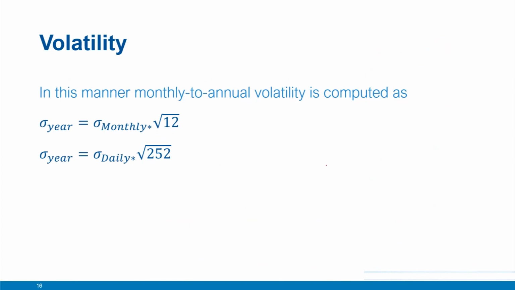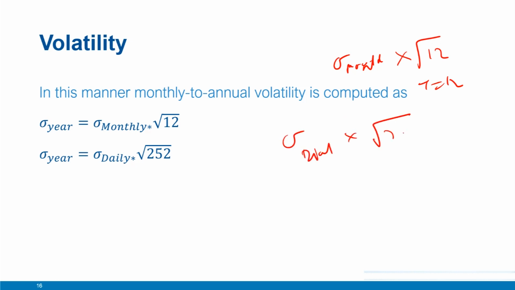To put it more succinctly, let's say you have monthly standard deviation, sigma monthly, given at some level. If you want the annual standard deviation, you simply multiply it by the square root of 12, where t is equal to 12 periods. Similarly, if sigma daily is given to you, you annualize it by multiplying by the square root of the number of trading days, which is 252. So you multiply it by the square root of 252.